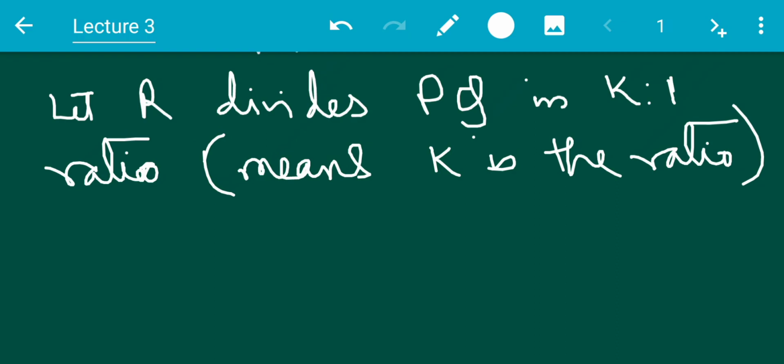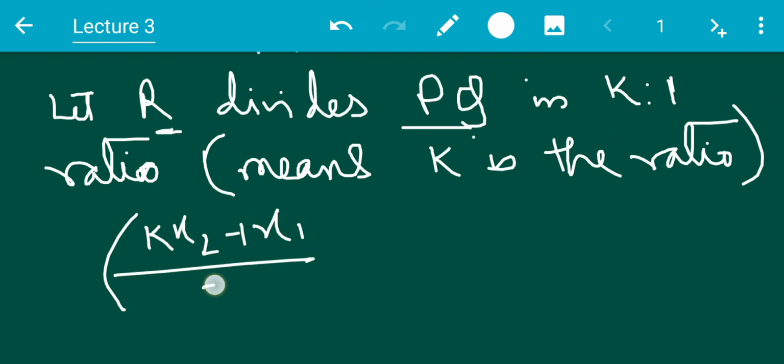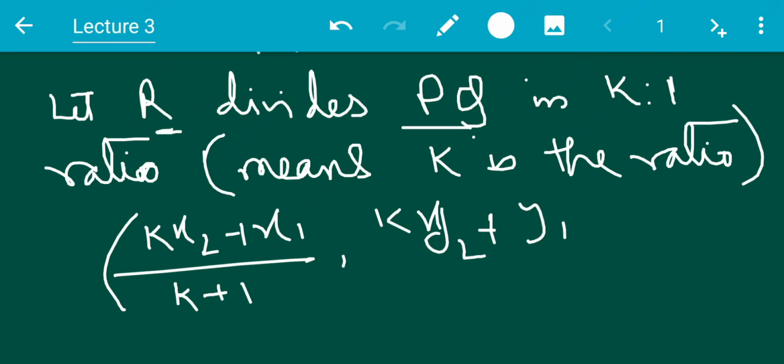Finding the value of k is same as finding the value of the ratio in which R divides PQ. So that can be addressed as (k x2 plus x1) divided by (k plus 1), and (k y2 plus y1) divided by (k plus 1). Okay, so this is how you address it.